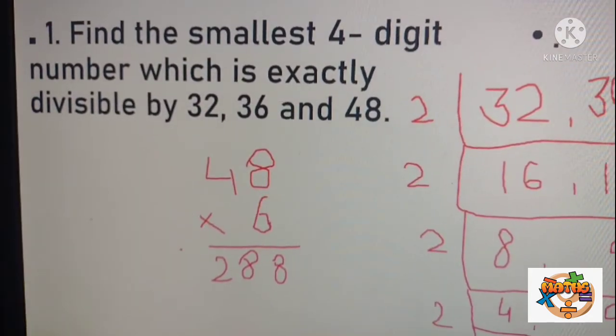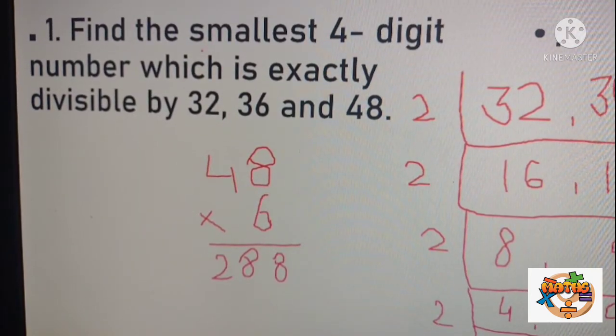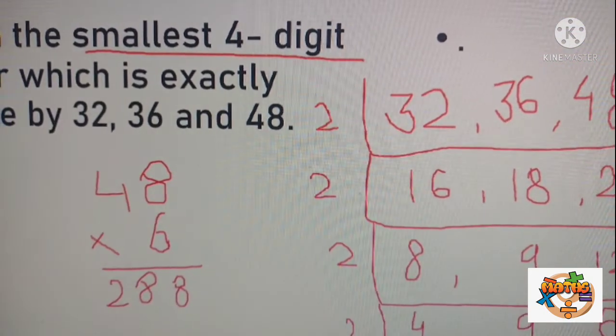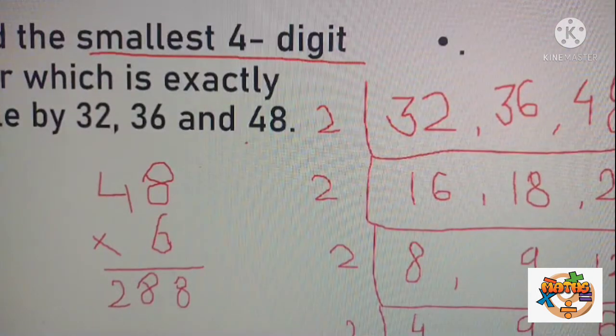Now it is asking the smallest 4-digit number. So what is the smallest 4-digit number? Obviously 1000. So now we will divide 1000 by our LCM, that is 288.